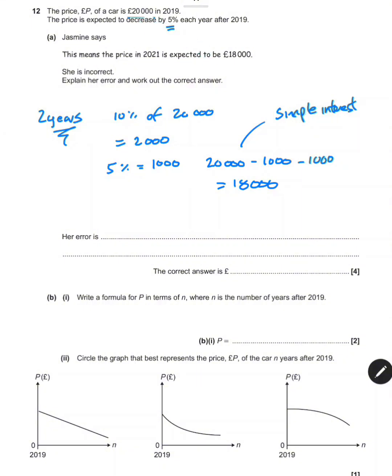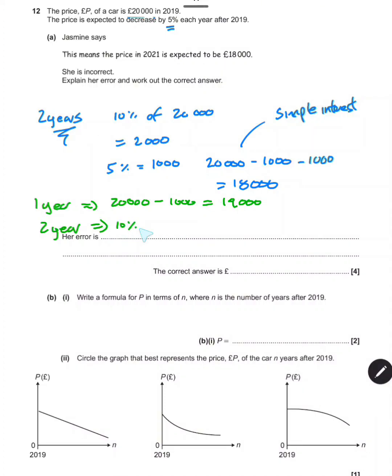And that's not what's happening with the price of this car, because after 1 year, the car goes from 20,000, we take away the 5%, and we're left with 19,000. But in the second year, we have to work out 5% of this new amount and remove that. So I'm going to do that now.